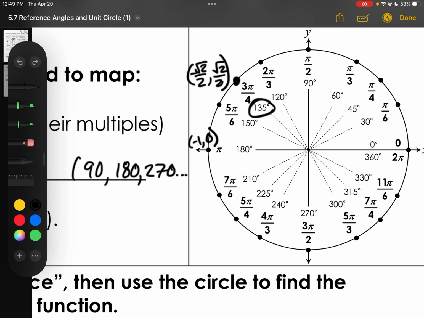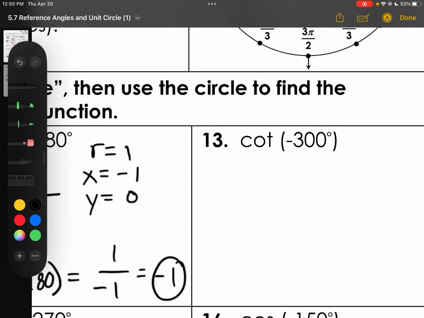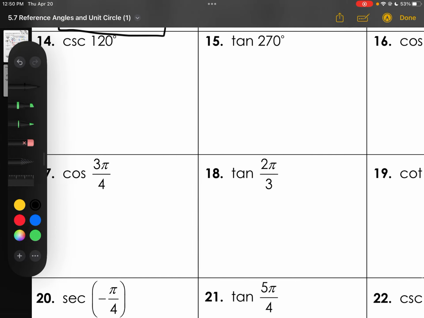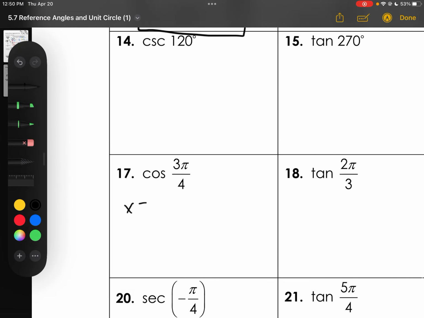We know that that's exactly equal to 135 degrees. So 3 pi over 4 is equal to 135 degrees. In the first question we solved, we have x and y for 3 pi over 4. So because of that, we can use those same x and y values because we've already solved for 3 pi over 4. So to be specific, we've solved for our x value.